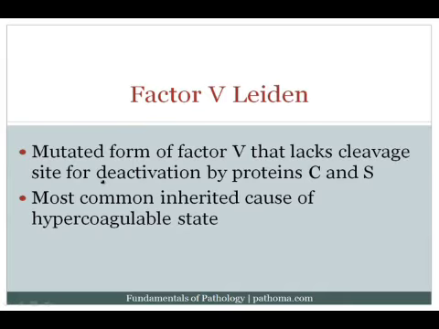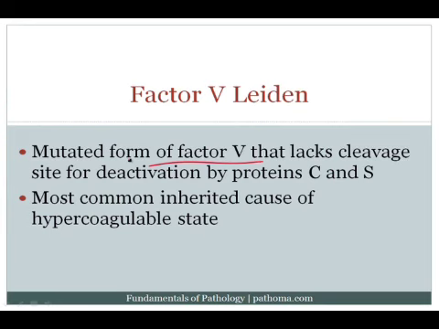The next disorder that we want to discuss is factor V Leiden, and basically this is a very interesting disorder in which the patients have a mutated form of factor V. Now remember that factor V is able to be shut off by protein C and protein S, and the way that protein C and protein S shut off factor V is they go there and they cleave it. Now in factor V Leiden, the problem is that you've got a mutated factor V that can't be cleaved.